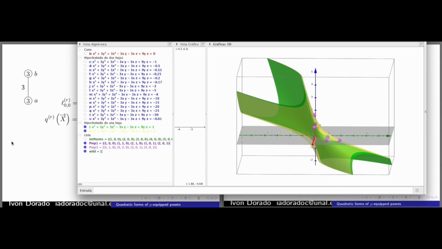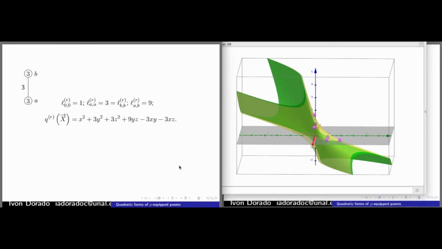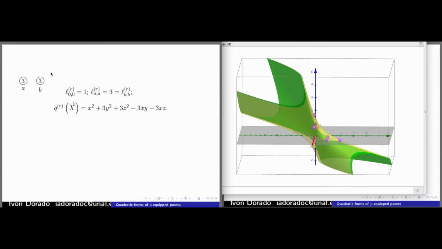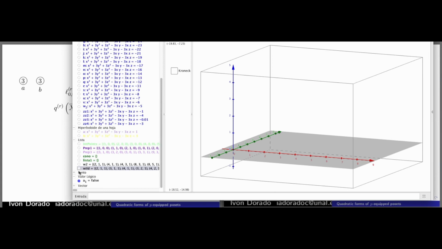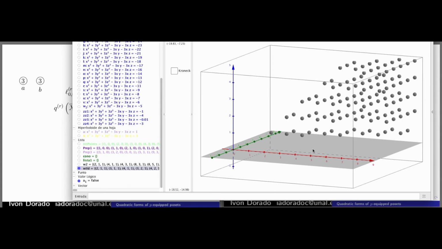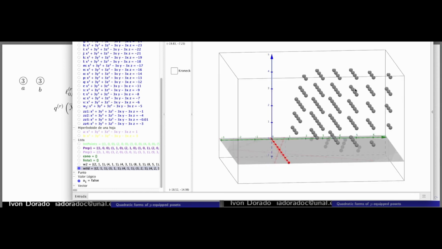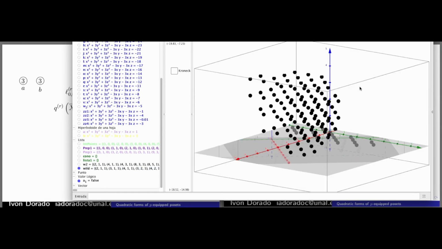Now let me show you the last example, which consists of 2 incomparable points. This is the corresponding quadratic form for this poset, and when we choose the points that evaluated in this quadratic form are less than 0, we find all these points. So we are here in a wild problem.